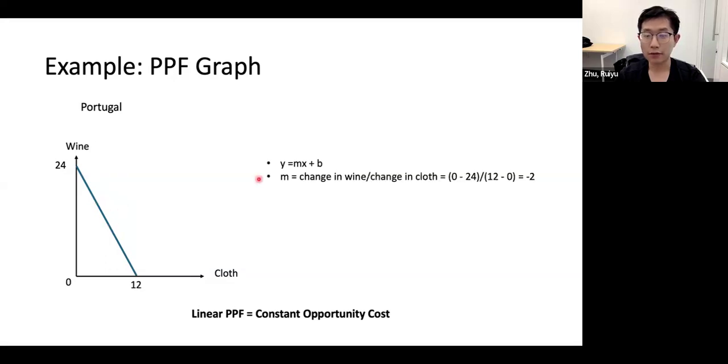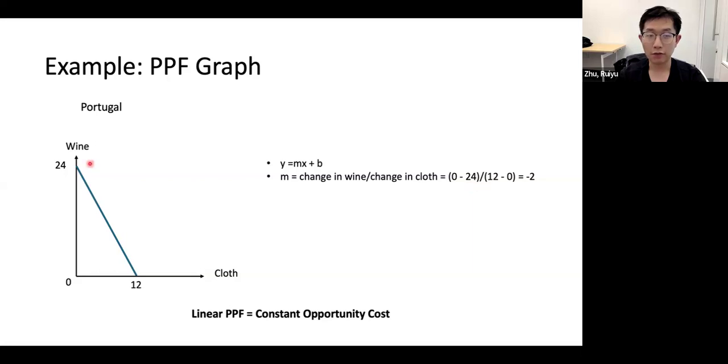Here, m, the slope, is the change in the vertical axis, which is y, over the change in the horizontal axis, which is cloth. Going from this point to this point, the value of y changes from 24 to 0, so the change in y is 0 minus 24.